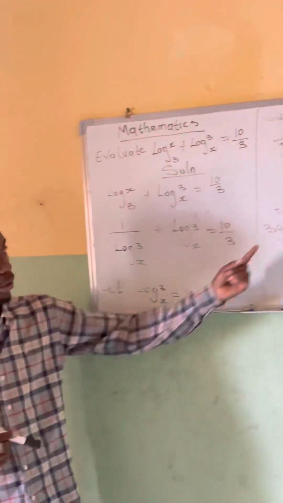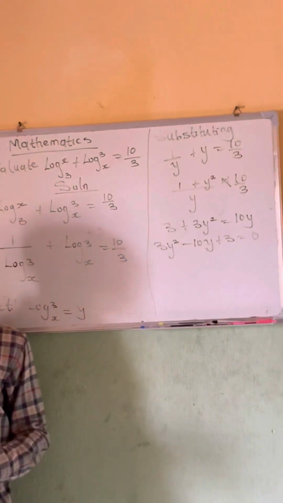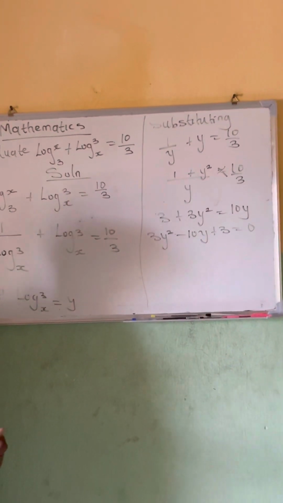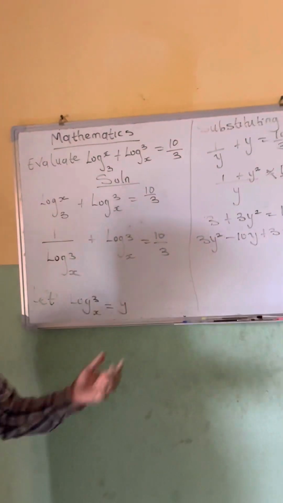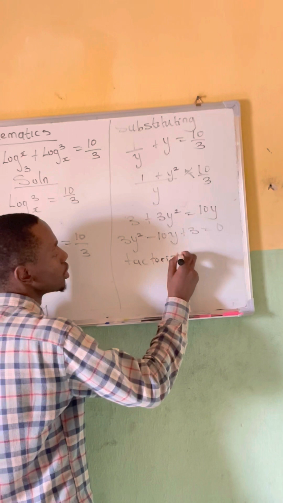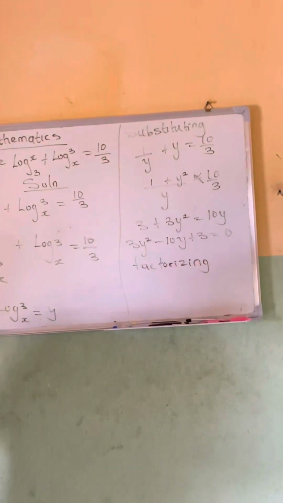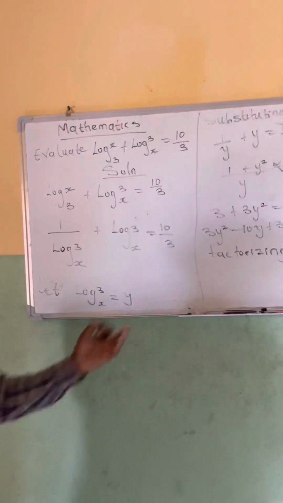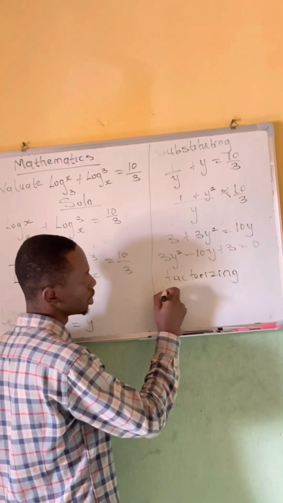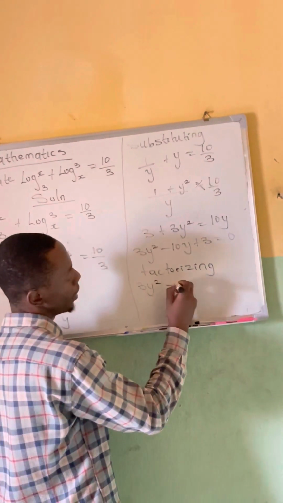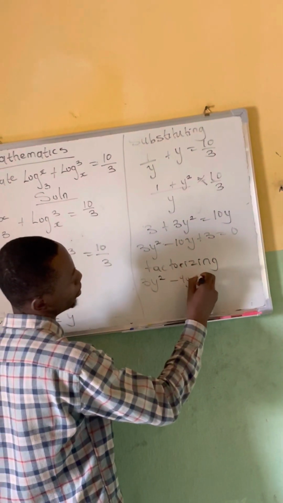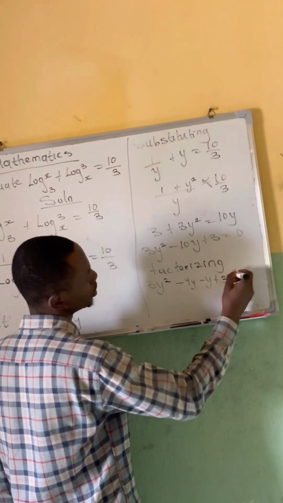Now, this is a quadratic equation that requires factorization, which we can actually factorize. We have different methods of factorization. So if I factorize this using the factorization method, I will have something like this: 3y squared minus 9y minus y plus 3 equals 0.